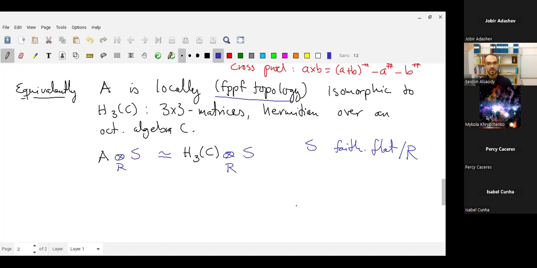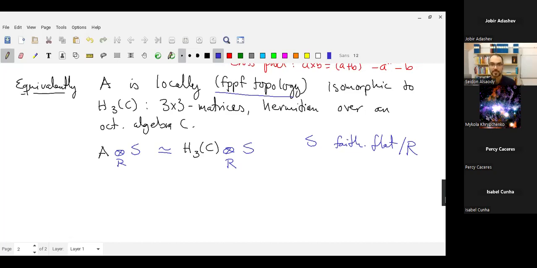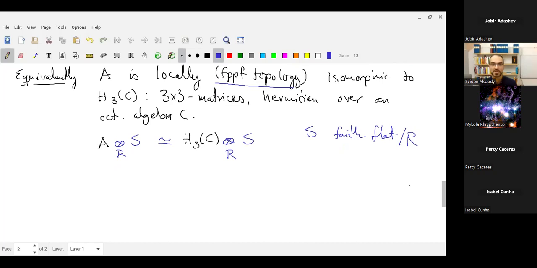Okay, so Albert algebras are these exceptional Jordan algebras. And now we want to do something with them. We want to construct our Brown algebras. So what is a Brown algebra? Well, let's start with the reduced Brown algebra.